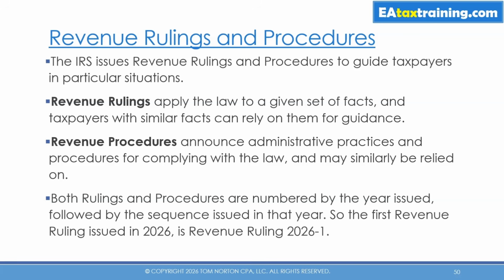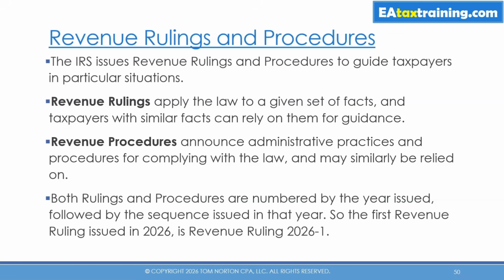So every fall, they will put out a revenue procedure that says what the next year, and sometimes the year after that, what the inflation adjusted numbers are going to be. They will also put out revenue procedures, for example, about how to file a form properly or how to apply for a credit in the proper manner. So they will tell you the procedure for doing those things.